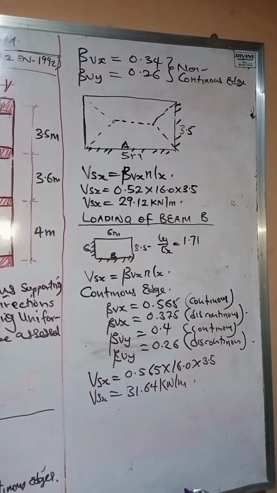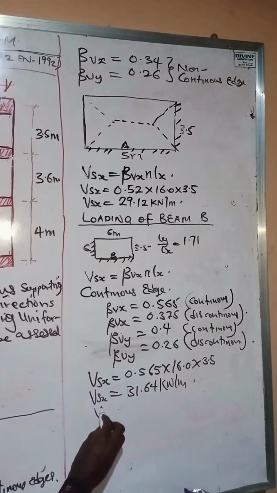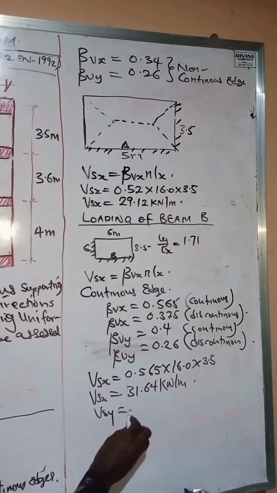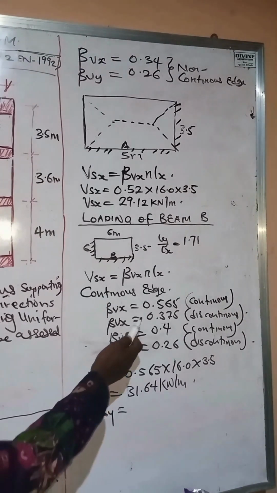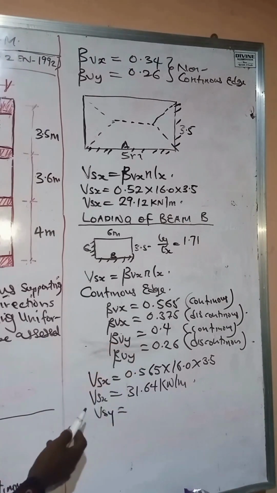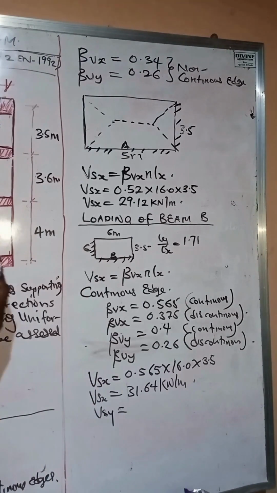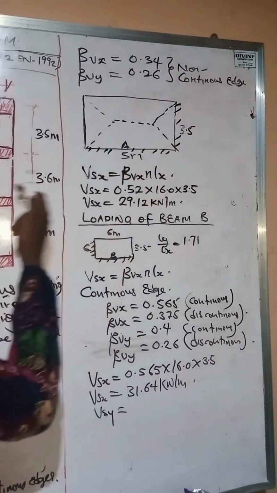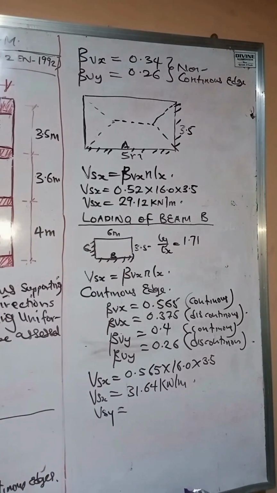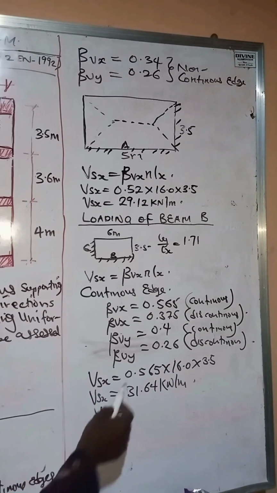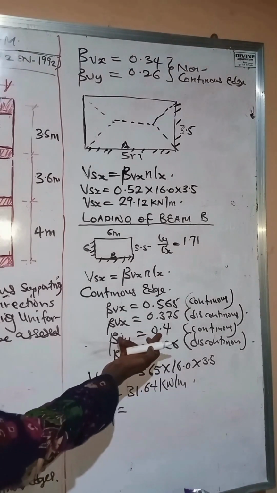So we'll make use of the shear force coefficient. For beam C, it will be Vy, and it's equal to the beta Vy coefficient for the continuous edge. Remember, this is a continuous edge, which represents this direction of the beam, the continuous edge direction of the beam. So Vy becomes beta Vy for the continuous edge.